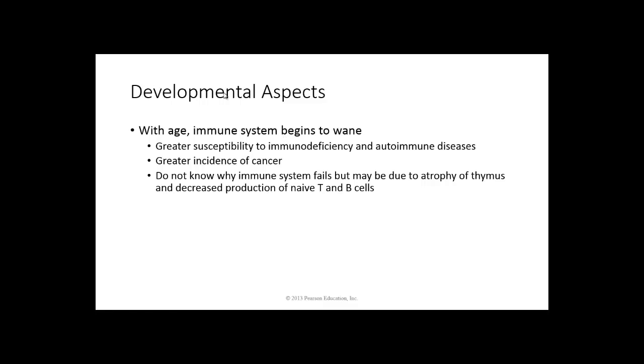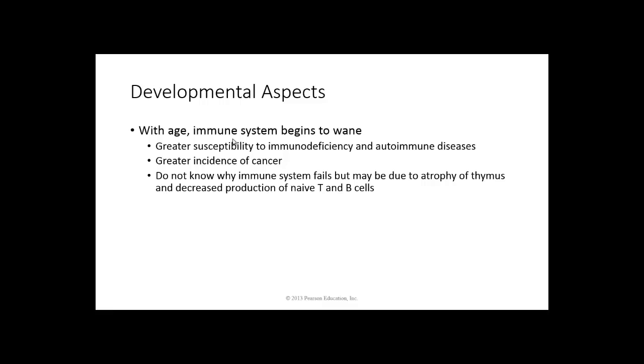We also see greater incidences of cancer, again, because of those cytotoxic T cells not being as effective at identifying and killing cancer cells. As a result, we see higher incidence of cancers in each body system. So we don't exactly know why that happens as we age, but we know that in general, all body systems tend to slow down.